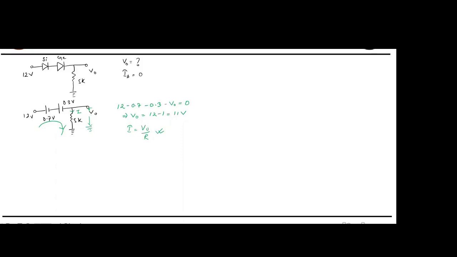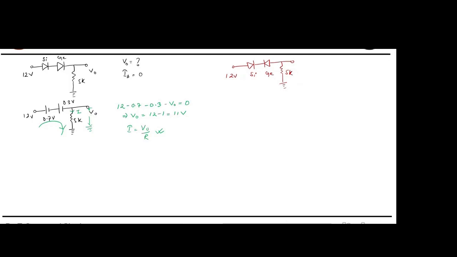Now, suppose the circuit is like this. Now you tell me, which one will be on and which one will be off? Silicon is on, germanium is off.